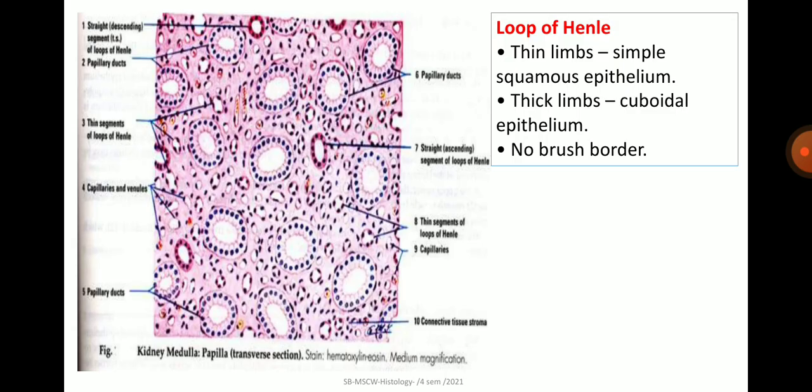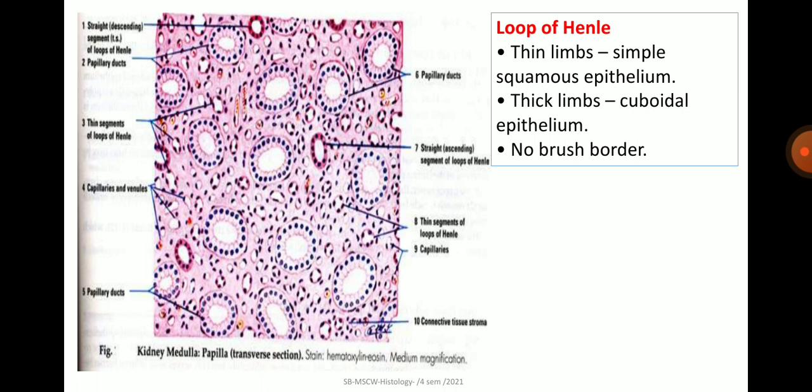And the second part of it is the sectional view of the loop of Henle, where the thin limbs of the loop of Henle are lined by simple squamous epithelium, while the thick limbs are lined by cuboidal epithelium, and there is no brush border lining the lumen of these cells.